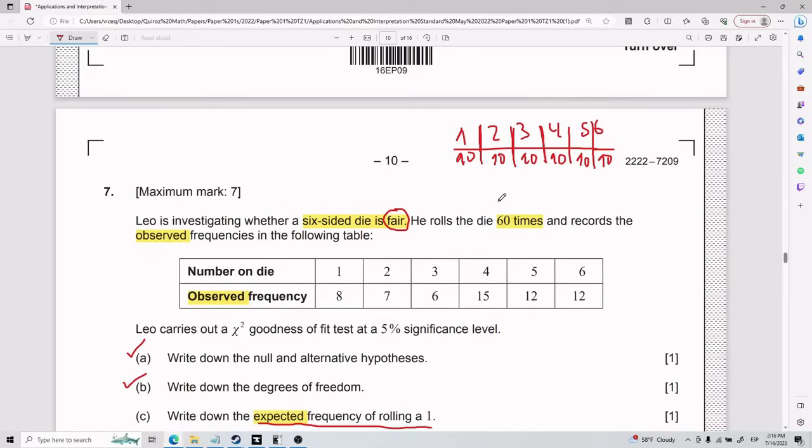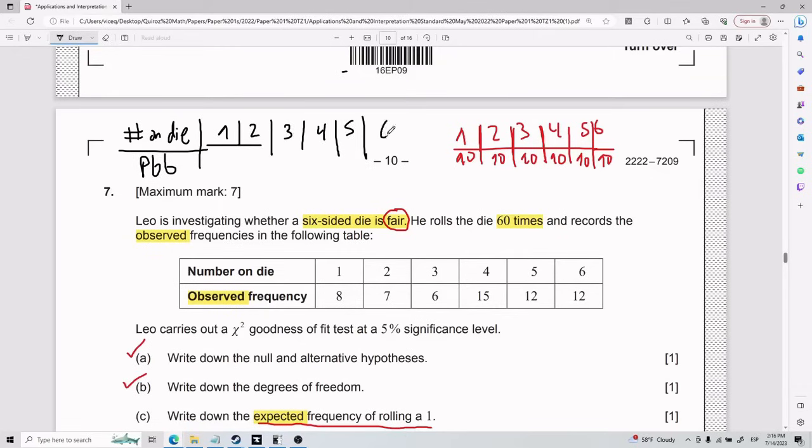A 6-sided die, see? Let's talk about probabilities for a second. I know you guys don't like probabilities, but deal with me, okay? So there's going to be number on die, and down here is going to be probability, okay? So number on die we have 1, 2, 3, 4, 5, 6. Okay. So if this is a normal die and it's a fair die, what is the probability of rolling a 1?